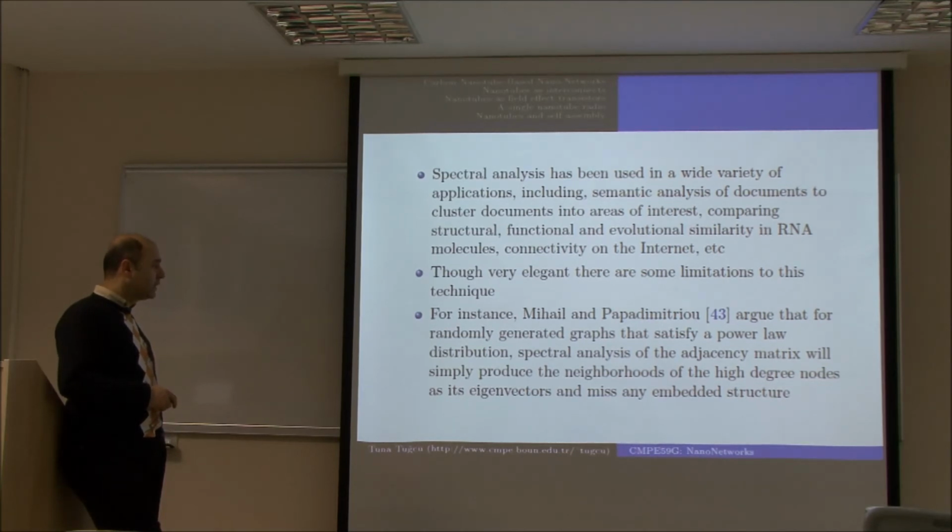Papadimitriou argued that when you have randomly generated graphs that satisfy a power law distribution, then the spectral analysis of the adjacency matrix will just produce the neighborhood of high degree nodes and its eigenvectors, but it will miss any embedded structure.